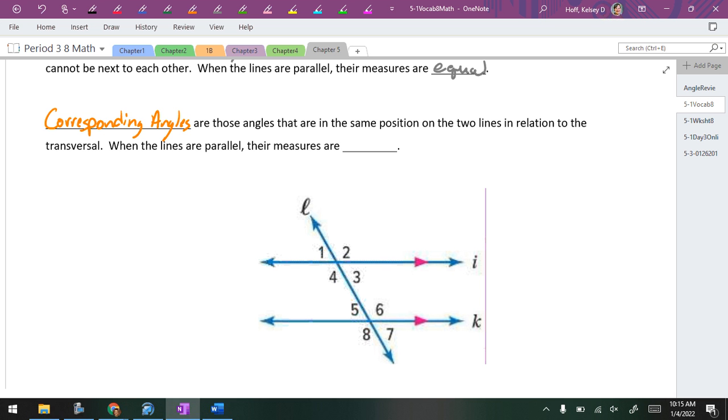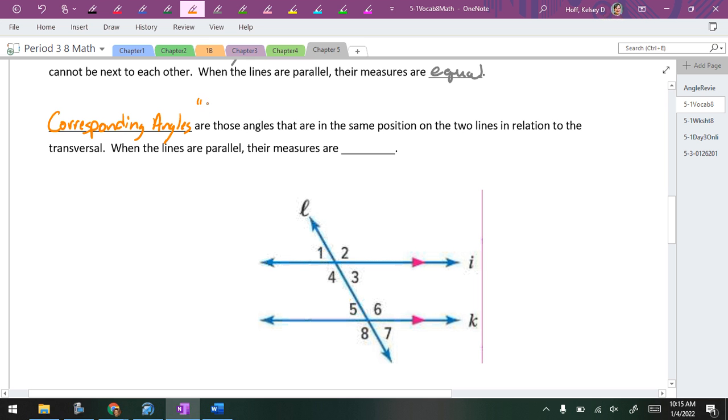Ms. Hoff calls these the F angles. And I will say again, your F could look, in air quotes, normal. It could be on its back, it could be tipped forward, it could be really stretched out, it could be backwards. But when you trace them, you will form an F.